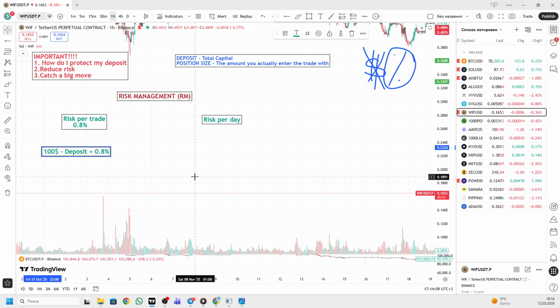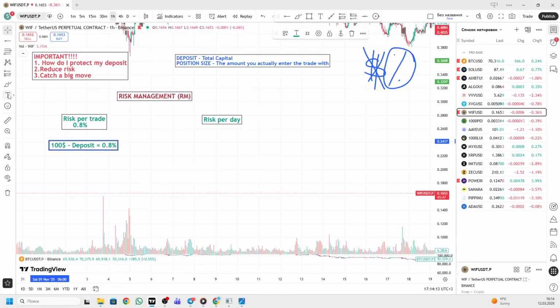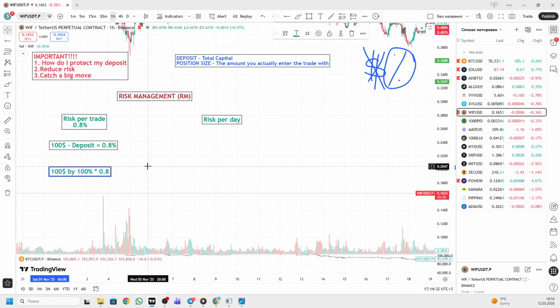What we do, we divide $100 by 100% and multiply by 0.8%. And how much does it give us?